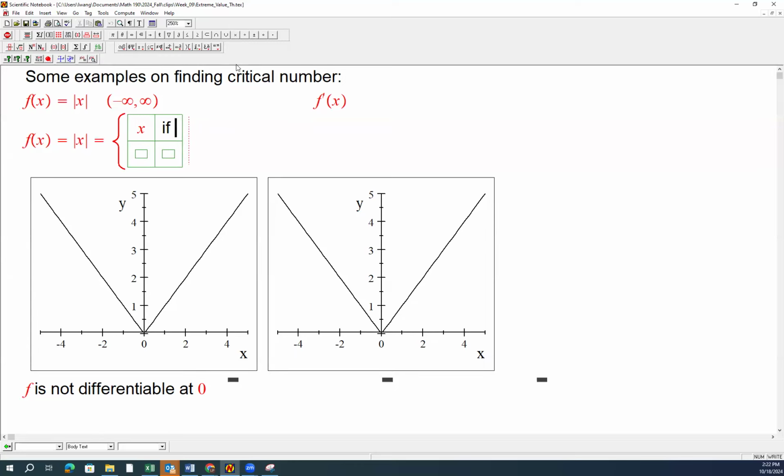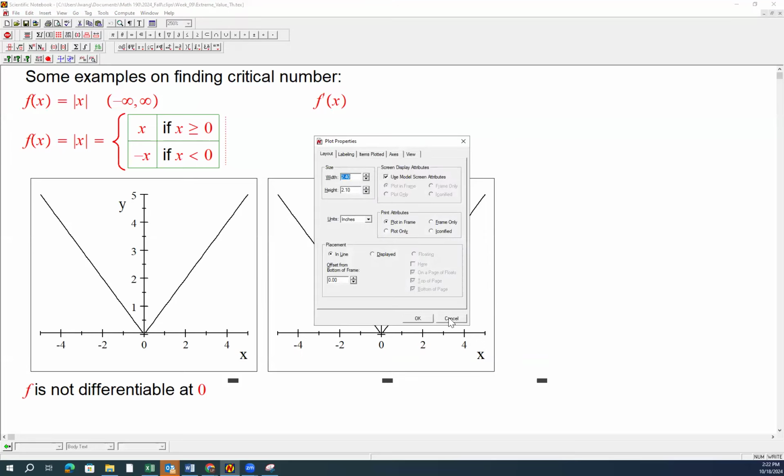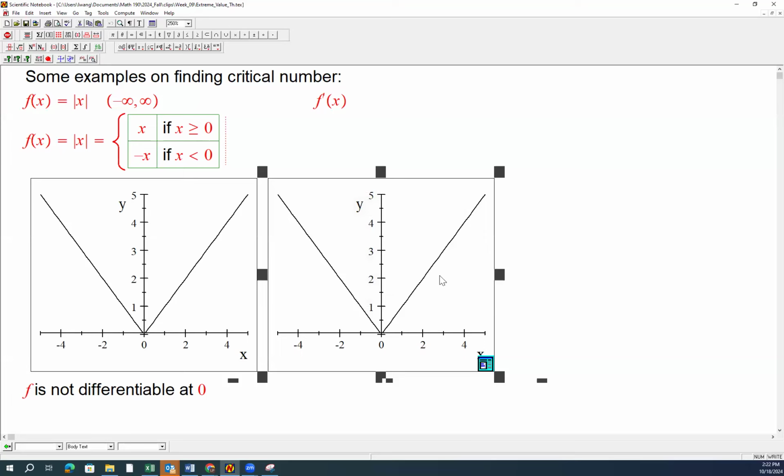The absolute value of a positive number is the same as the number. When x is greater than or equal to 0, the absolute value of x is the same as x. If x is negative, the absolute value of x is the opposite. So at 0, it is not differentiable. When we take a derivative, basically we have 2 pieces.